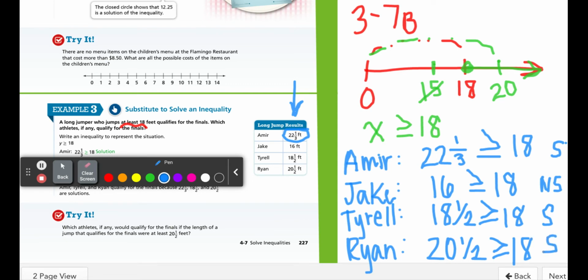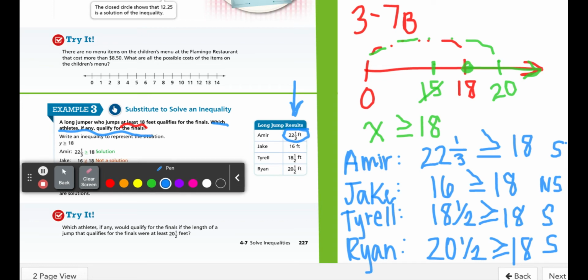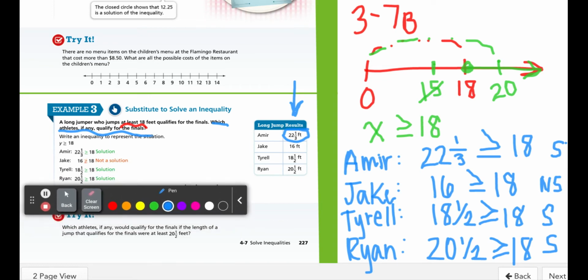So if I look at the question, it says, which athletes, if any, qualified for the finals? I actually like how the book crossed off Jake, where we said it's not a solution.